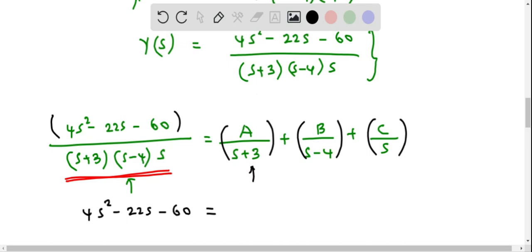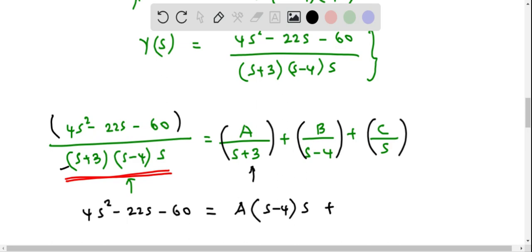Notice that there are some factors in each of the terms, so those factors will get cancelled. So for the first term, when I do the multiplication, this s plus 3 will get cancelled with this s plus 3 over here. So we have to multiply a with s minus 4 times s.